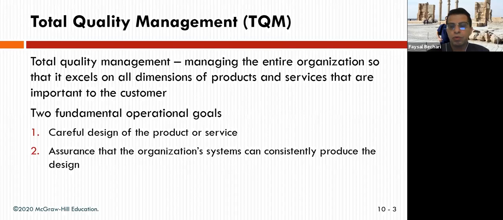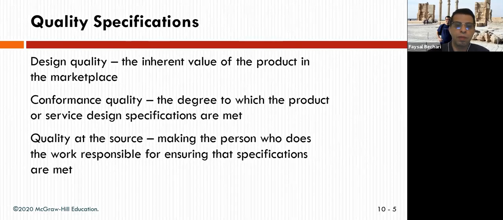So if you want to produce, say, a certain bread with a certain taste or certain level, you carefully design it in a way that the customer likes it. But the other thing is that your bread should always be like that, consistently produced in that way. So these are two fundamental issues for operational goals.